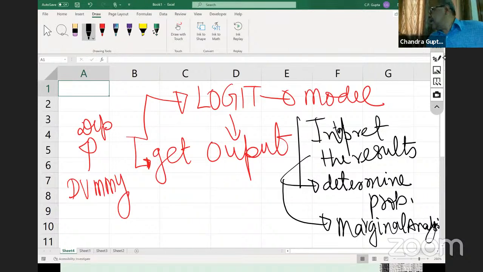Okay, then there was one more question: when do we use AIC and BIC? Normally we use both of them, and both of them give us the same decisions.